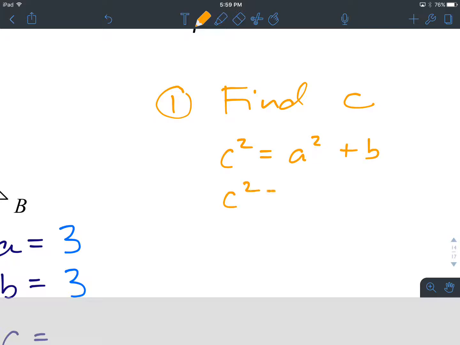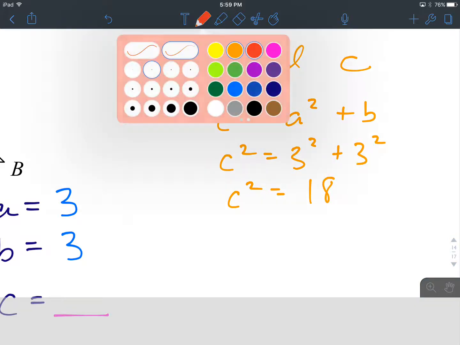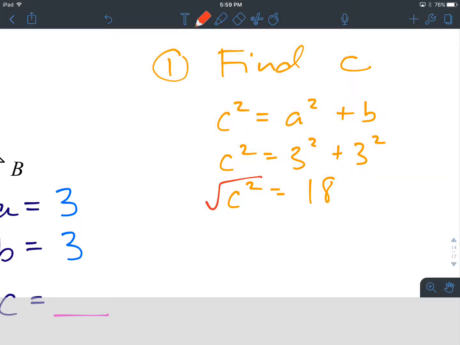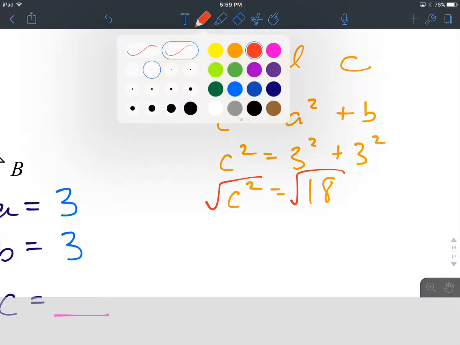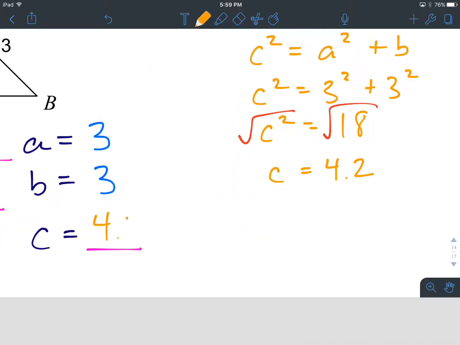C squared will be equal to 3 squared plus 3 squared. C squared will equal 9, sorry, that's 18, 2 9s, there they are, and we are going to square root these guys to get to c. So c will be equal to the square root of 18, which will give us 4.24, so 4.2, and I'm going to put that into my table.